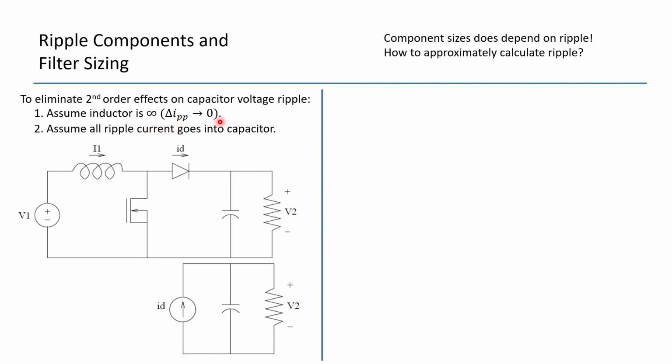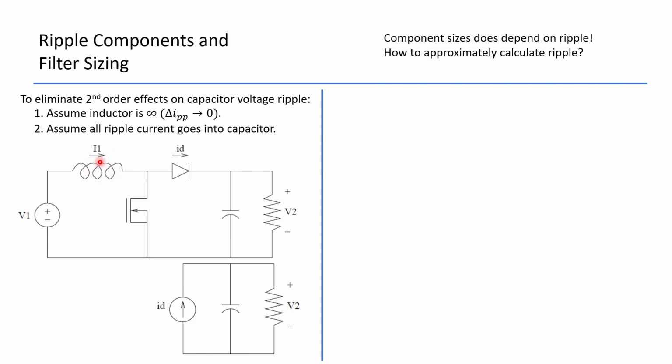So when we want to analyze the ripple on the capacitor, we assume that the inductor has infinite inductance. So there's no ripple from the current of the inductor I1.